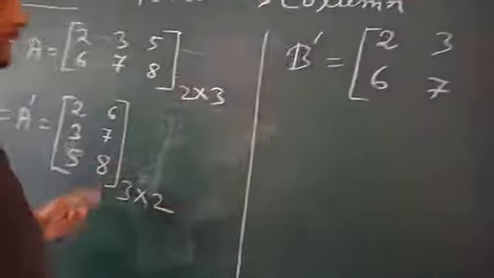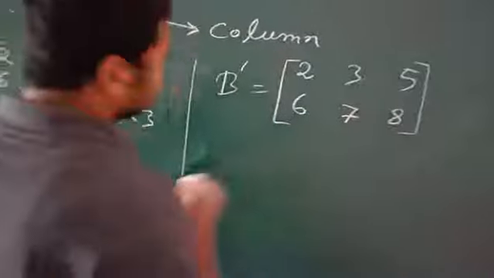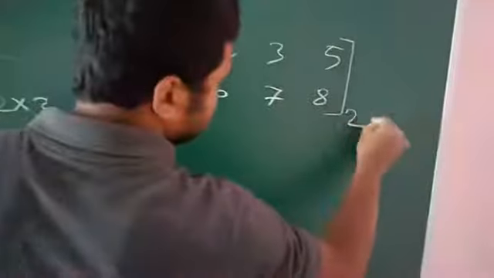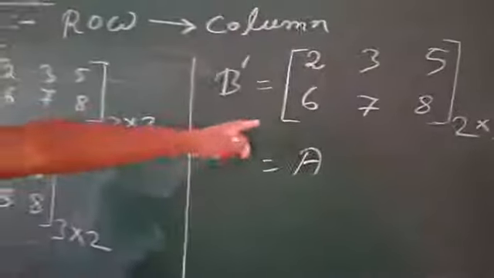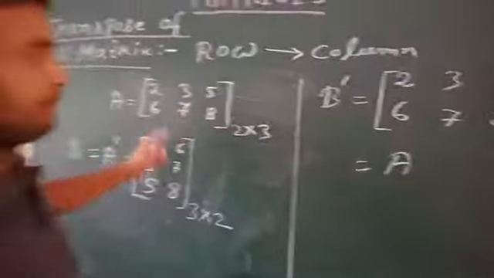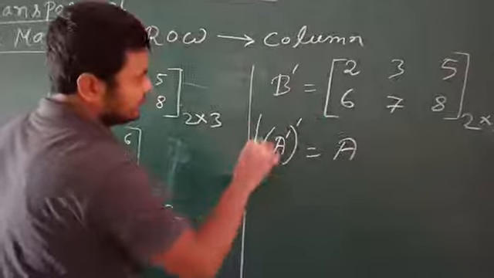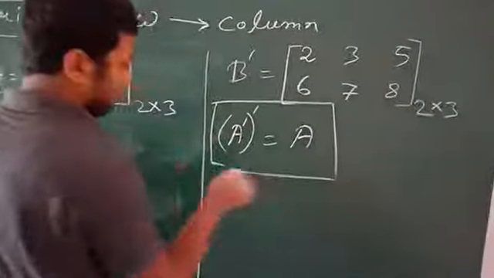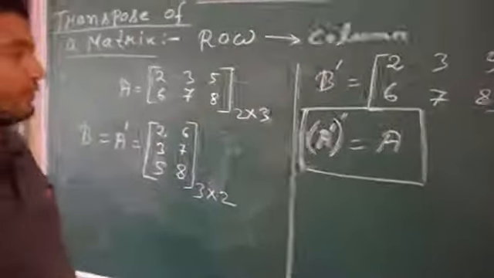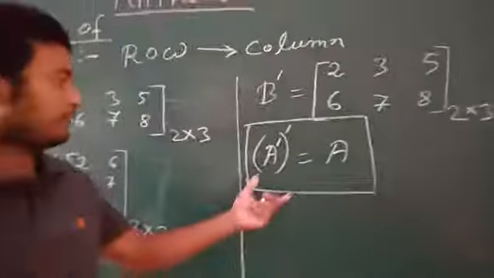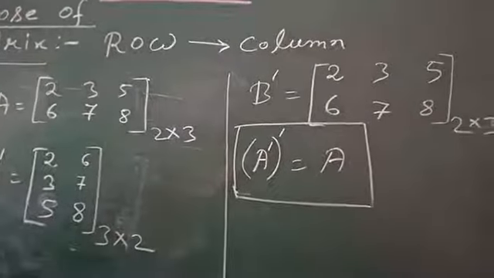This is the third row, again I will write it as column. So what we got? We got this one as 2 by 3 order, and this is A. This is the original matrix A. And what is B? A transpose. So A transpose transpose is always A. This is a very important property. You note it down if you remember this one, that A transpose transpose is always A.